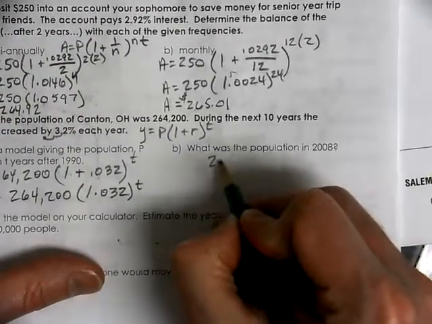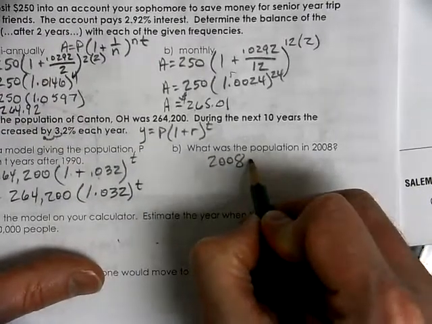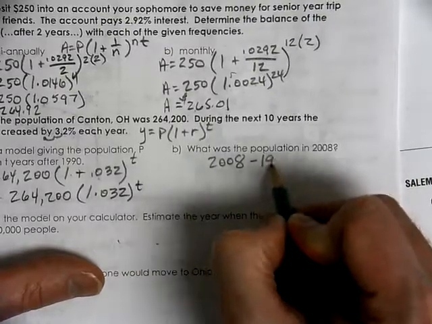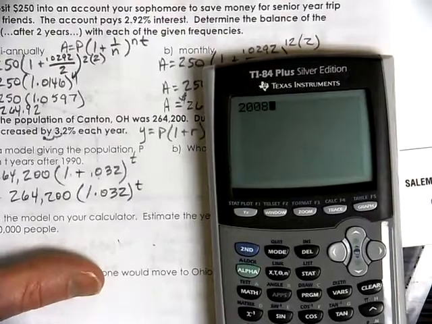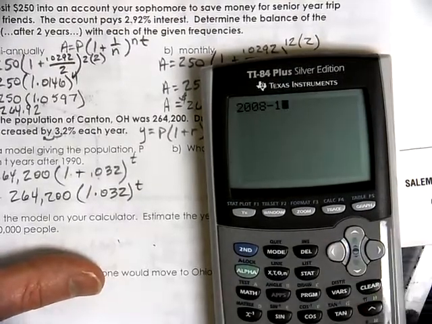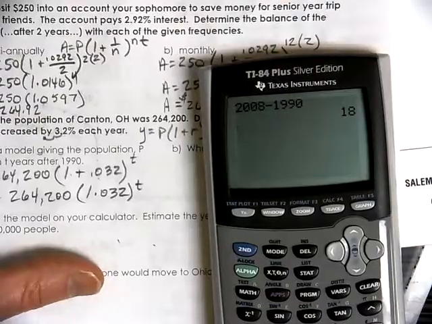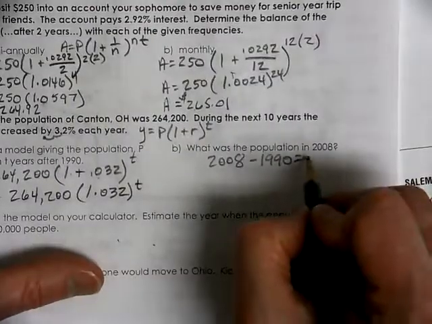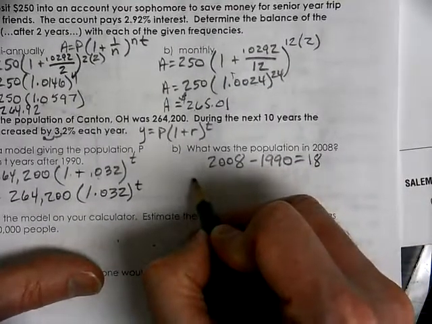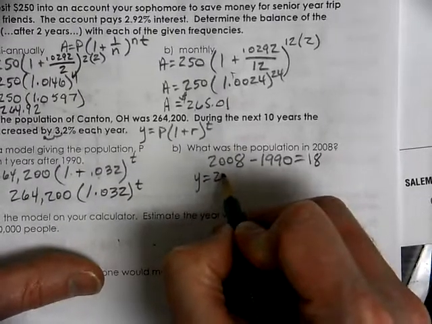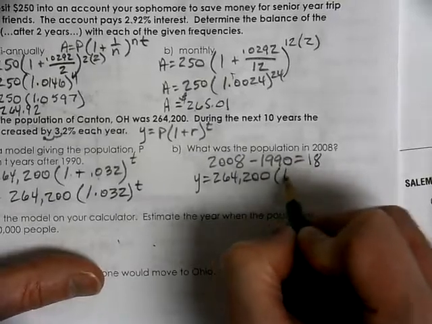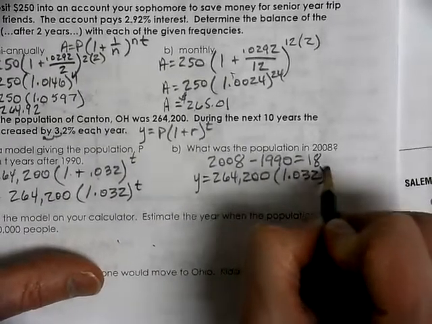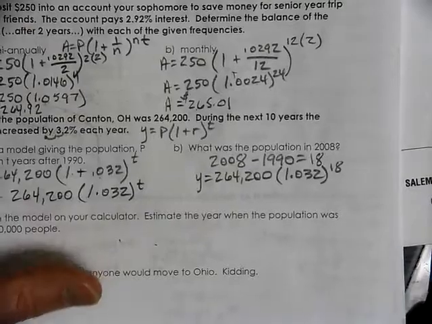What's the population in 2008? Well, in 2008, we've been doing this calculation since 1990. So you could see that we'd have 18 years later. So we're going to take our 264,200 times 1.032 to the 18th power.